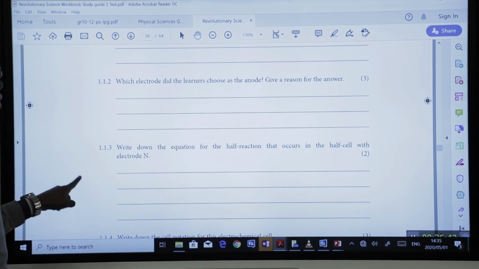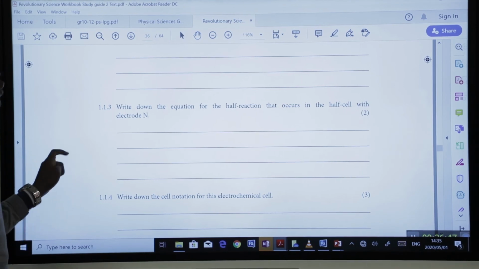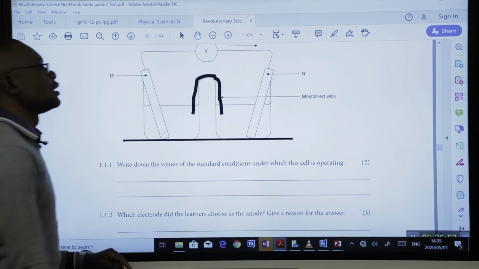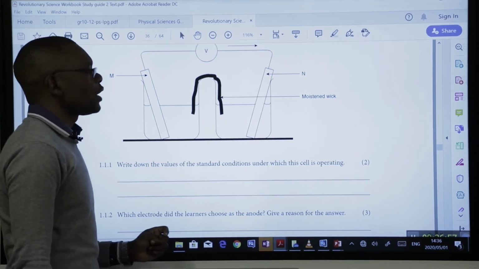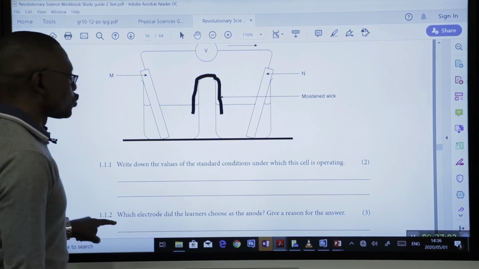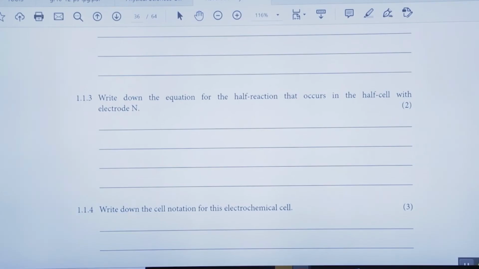And then it says, write down the equation for the half reaction that occurs in the half cell with electrode N. Oh, boys and girls, remember we say that reduction is taking place here, and we said, what is reduction? Reduction is when a species is gaining electrons. So you are going to write an equation in which the species you are going to use here is going to pick up or gain electrons.